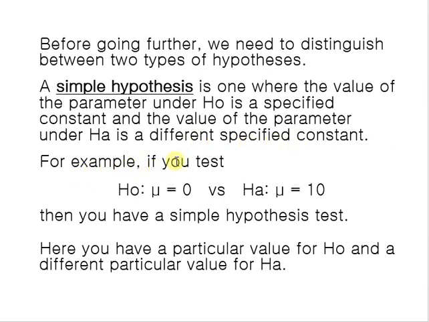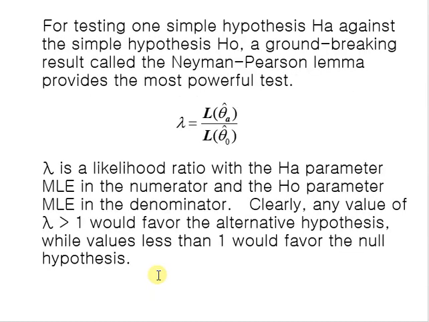For example, if you test H null, mean is 0 versus H alternative, mean is 10, then you have a simple hypothesis test. Here you have a particular value for H null and a different particular value for H alternative.